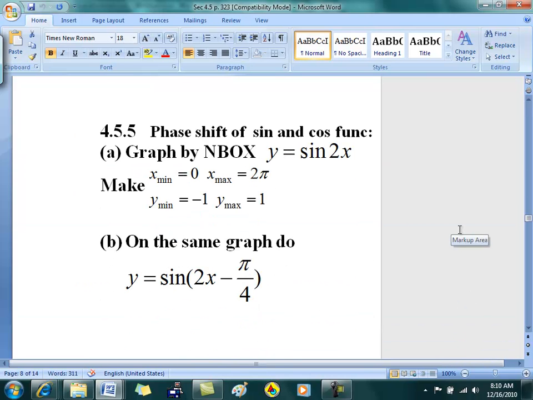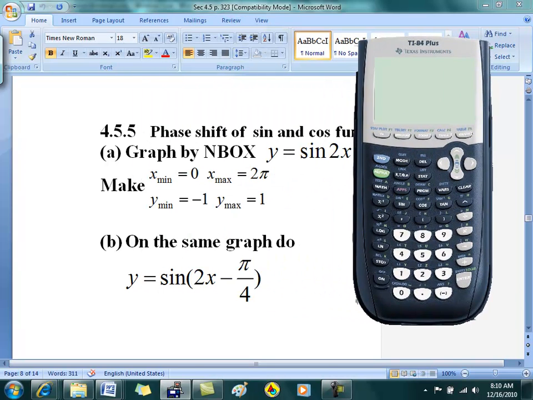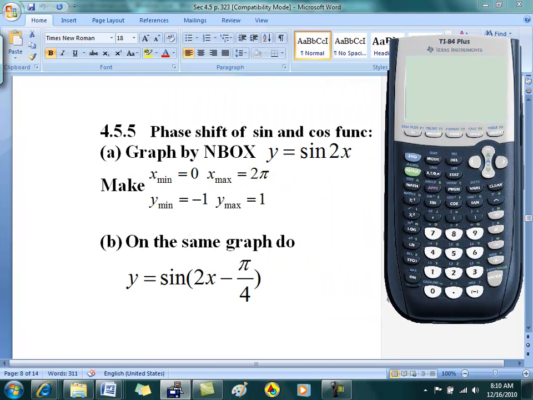All right. So this is a graphing activity. Okay, get your graphing calculators out. Make sure your calculator is in radian mode.